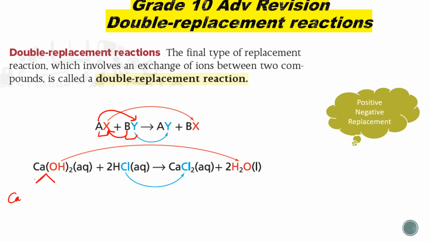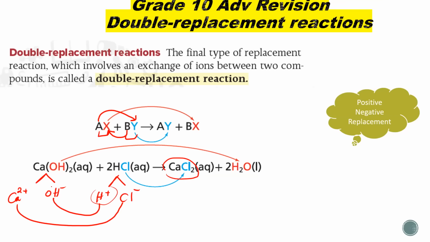You have calcium here. You need to break down each compound into the positive and the negative ion, and then the positive ion goes with the negative ion here, and the positive ion goes with the negative ion here. So Ca2+ and Cl- give you this. H+ with OH- gives you water.